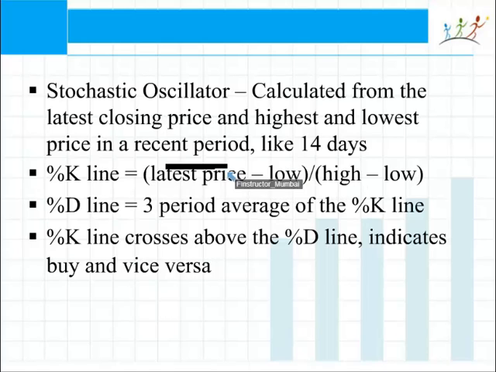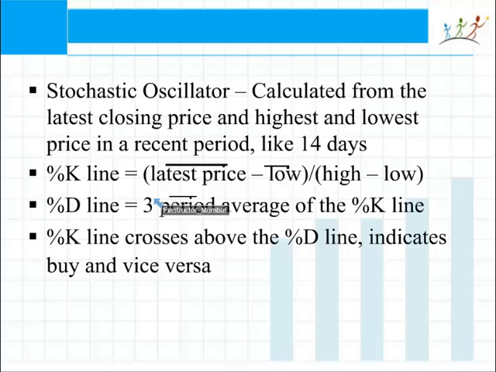At best it can be 1, because at best the latest price can be the high. So whatever is this percentage will determine the percentage K line. I'll plot this every day, so I'll get a curve, and I also compute something called as the percentage D line. So a percentage D line is simply the 3-period average or the 3-day average of the percentage K line.